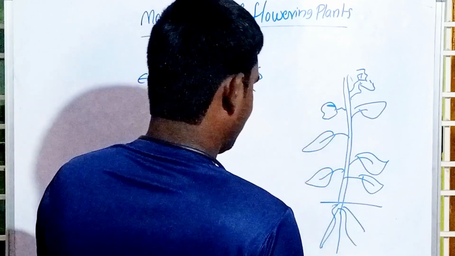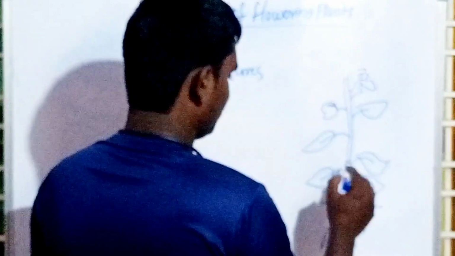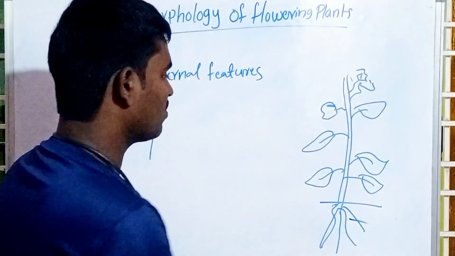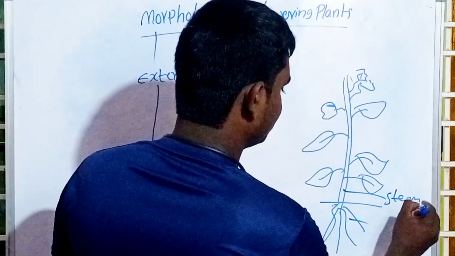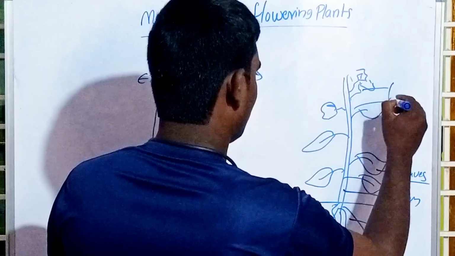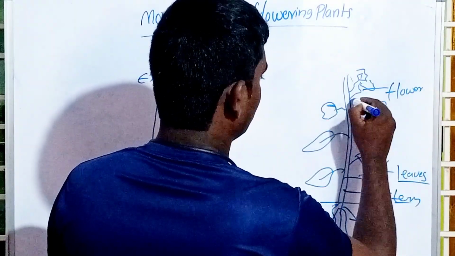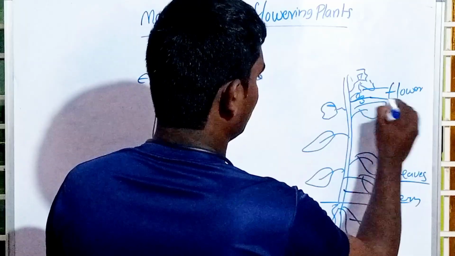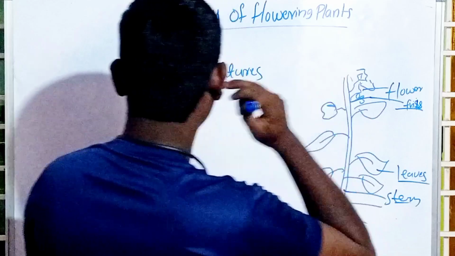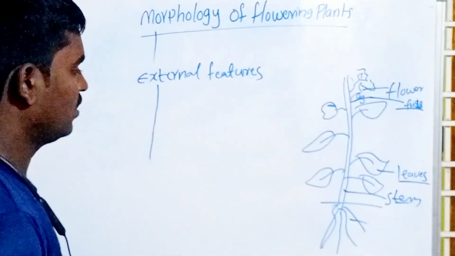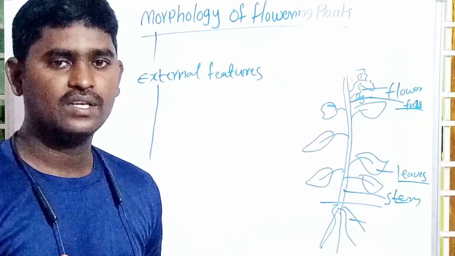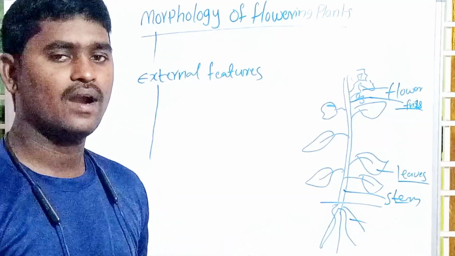The root system contains primary roots, secondary roots and tertiary roots, and the shoot system consists of stem, leaves, flower and fruit.